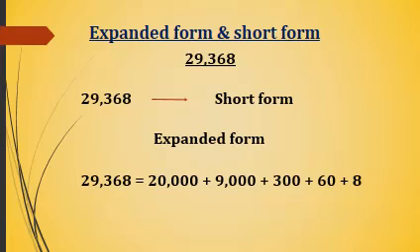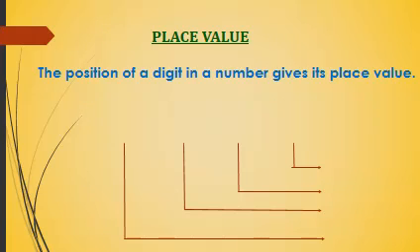Moving further, we are going to learn how to write number names of large numbers. Before starting, I will make you remember the place value. What is place value? The position of a digit in a number gives its place value. Let us understand this with the help of a number.